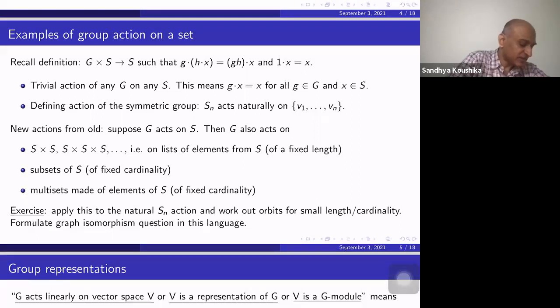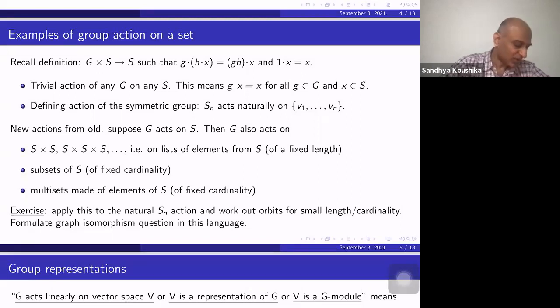So this last one is multisets made of elements of S. So that means that an element from the underlying set is allowed to repeat. Okay. And again, every element of G acting on such a multiset or set or list is going to keep the size the same. Right? So you can restrict to a fixed cardinality.